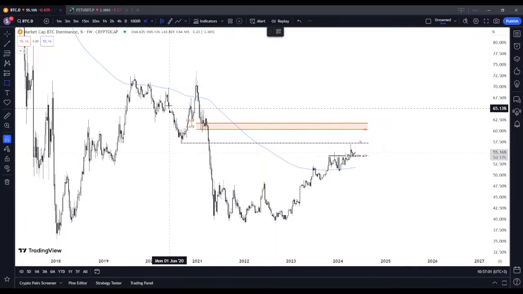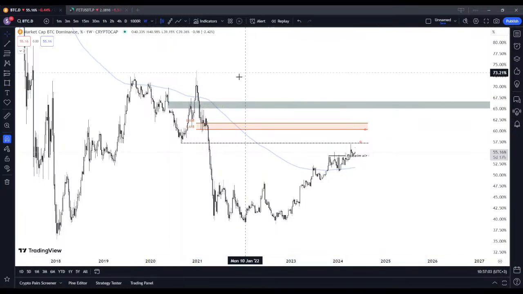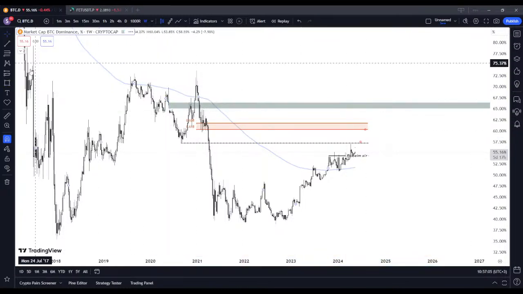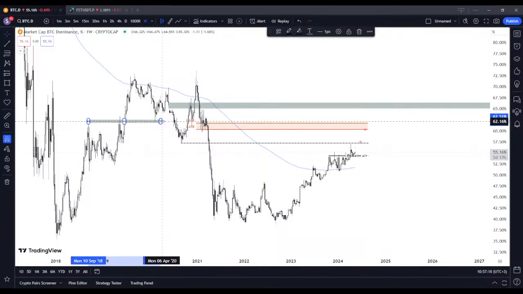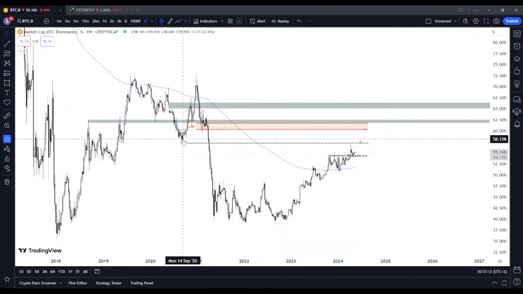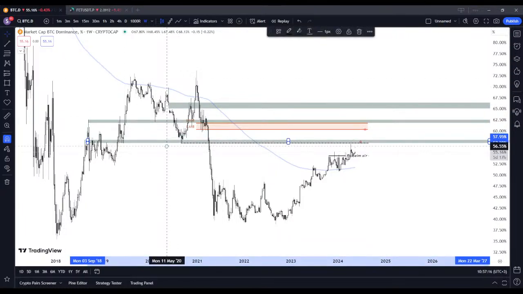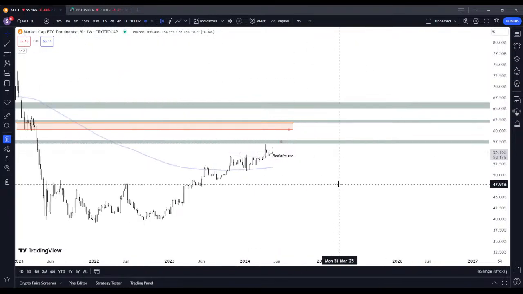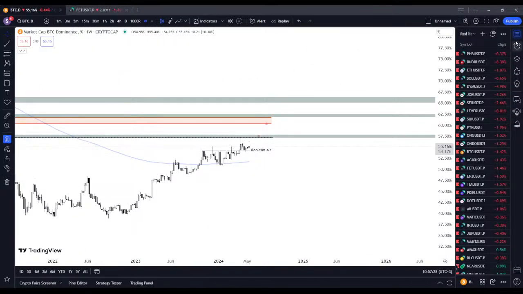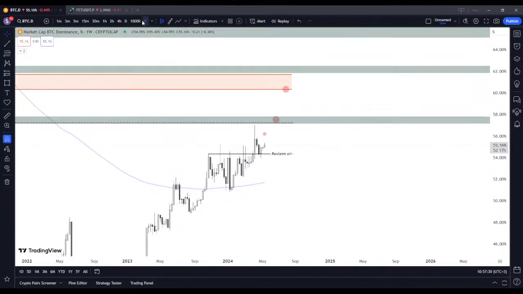Also maybe this gap here or this SNR, you can see it here, quite nice. So we are approaching an intermediate support and resistance area. We can have a dump, but you see we didn't even tap it. So the price should go a little bit higher into the 58 and then maybe reject. So right now, there's nothing bearish in my opinion about Bitcoin dominance.